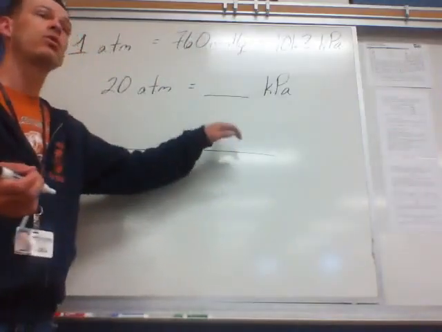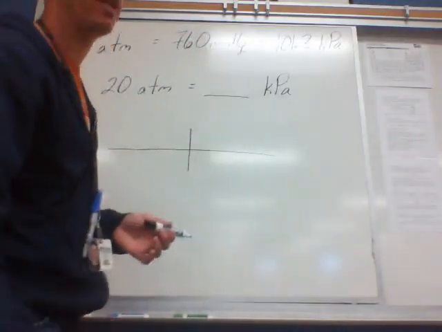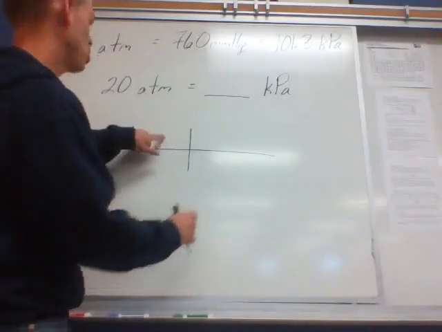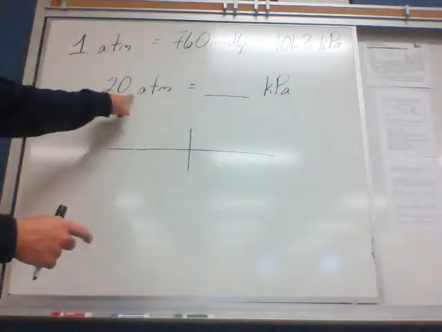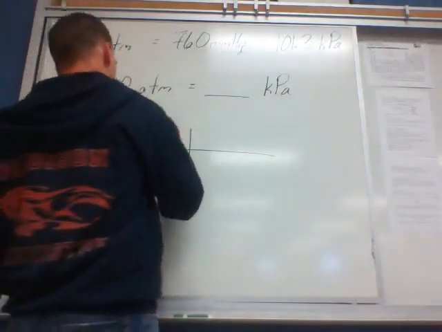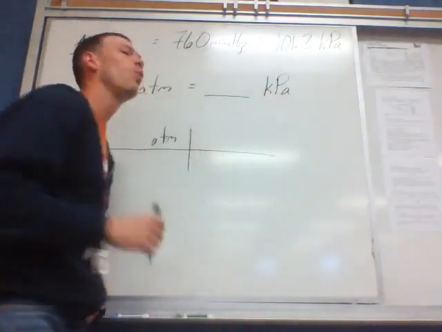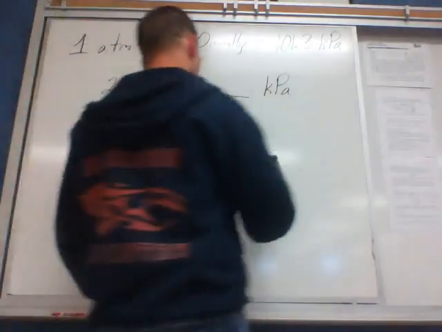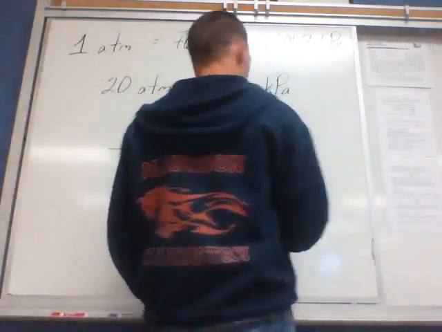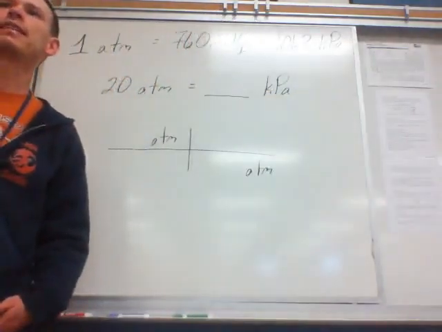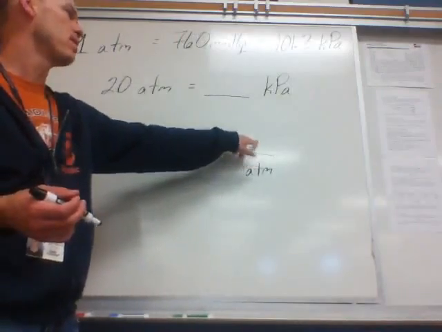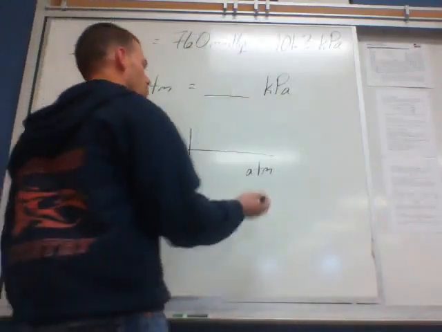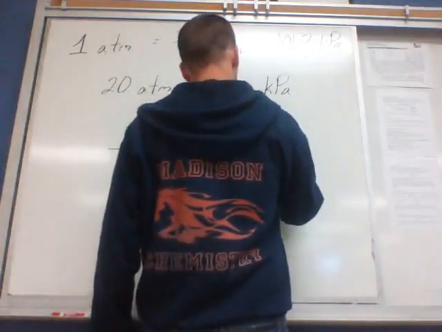I want letters in these three squares before I input numbers. The given unit will go in both of these squares. The given unit is ATM, the letters associated with the given numbers. The other square says unknown units, which will be the letters associated with what you're trying to find.